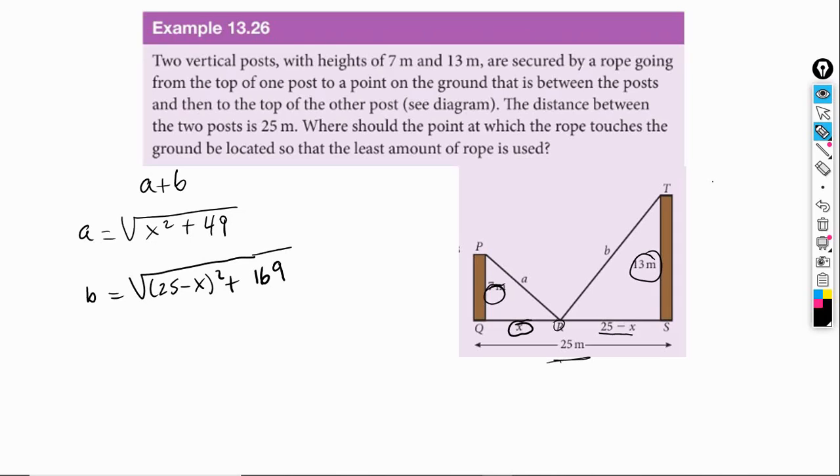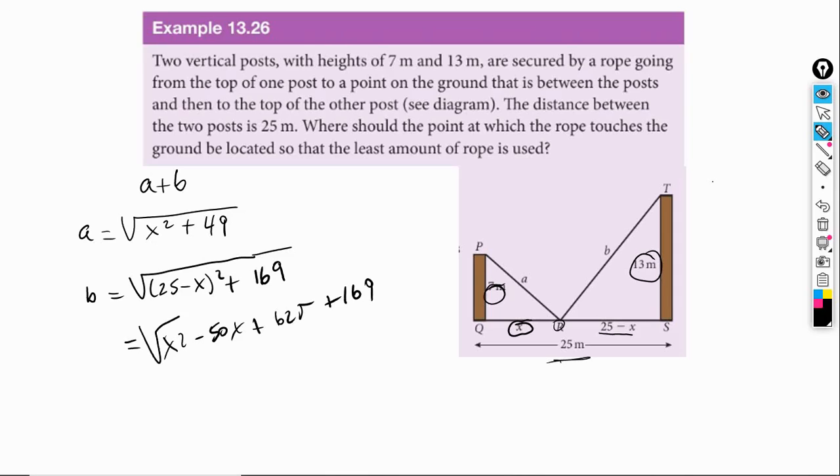169, and we can simplify this or expand it, and this would be x squared minus 50x plus 625 plus 169.